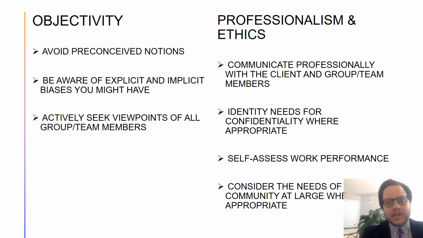I may have an implicit bias toward confirming that the partnership should invest. And again, just by stopping to think about what biases could exist will help you force yourself to see problems through a different lens and consider solutions that maybe are different from your gut reaction. And finally, seeking viewpoints and perspective from all group members will ensure that you're gaining a more complete understanding of the problem and potential solutions.